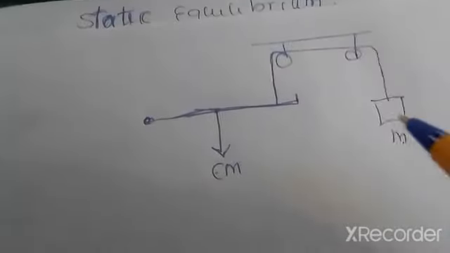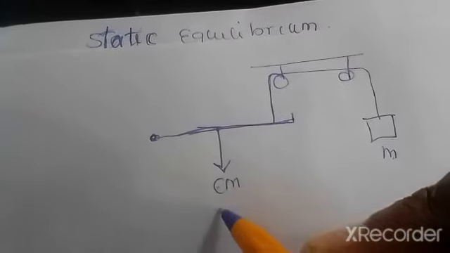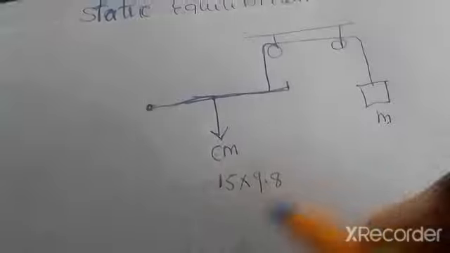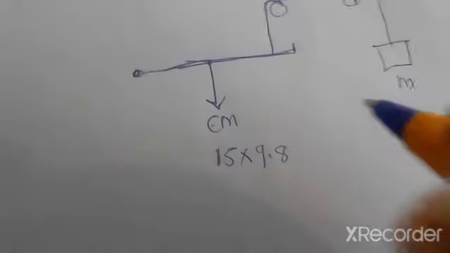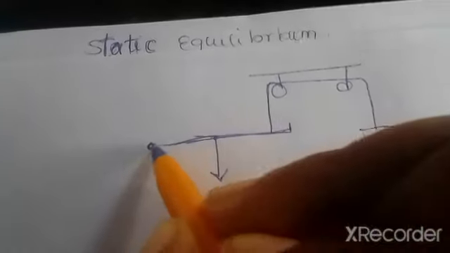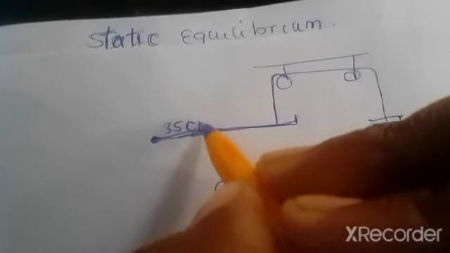Assume the leg has a mass of 15 kg. So we have 15 multiplied by 9.8 as the weight of the leg. Its center of mass is 35 centimeters from the hip, so the distance from here to the center of mass is 35 centimeters.